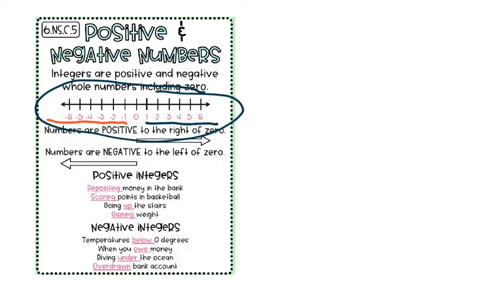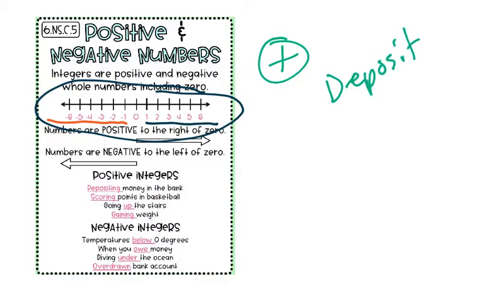Okay? Some real world situations that indicate positive would be depositing money in your bank account. When you put money into the bank, that is called a deposit. When you score points in a basketball game, runs in a baseball game, or goals in a soccer game, scoring is positive.